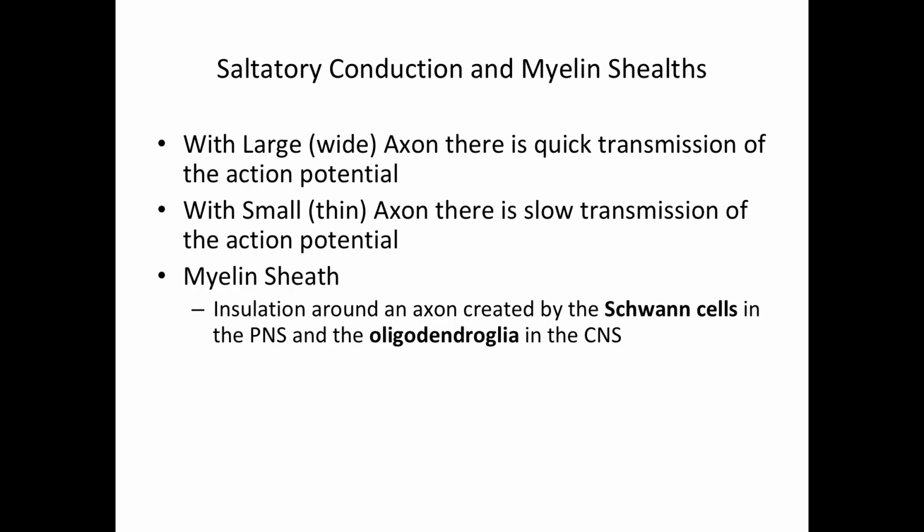So you have oligodendrocytes and you have Schwann cells. Oligodendrocytes are in the central nervous system, and Schwann cells are in the peripheral nervous system. And they make this fatty substance, which they wrap all around the axons of our neurons. So they form an insulating myelin sheath around it.